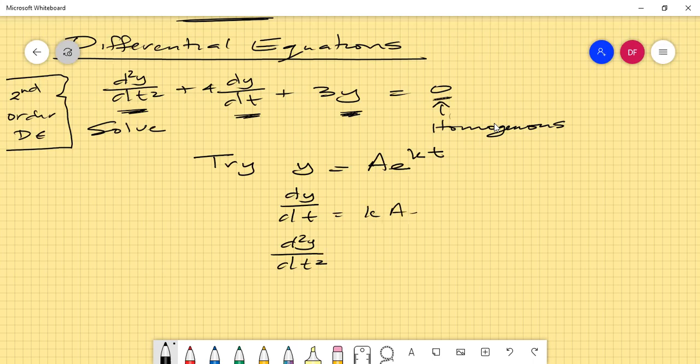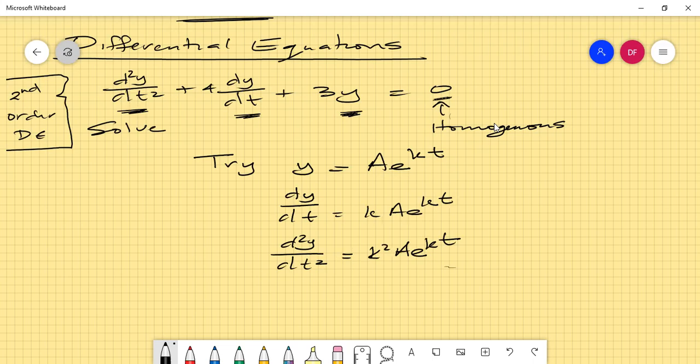All right. So the k comes down. And when I differentiate it again, what am I going to get? k squared e to the kt, so k squared A e to the kt. So I'm going to plug those back in here.